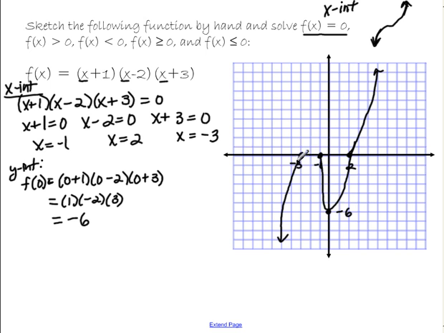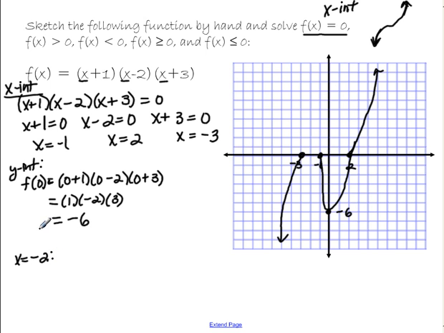Okay? So we need to know what's happening between the negative 3 and negative 1. We suspect that it's going to go up and then come back down, but let's just confirm that. Well, to find a point between negative 3 and negative 1, I would have to plug in a value of x between negative 3 and negative 1, let's say negative 2.